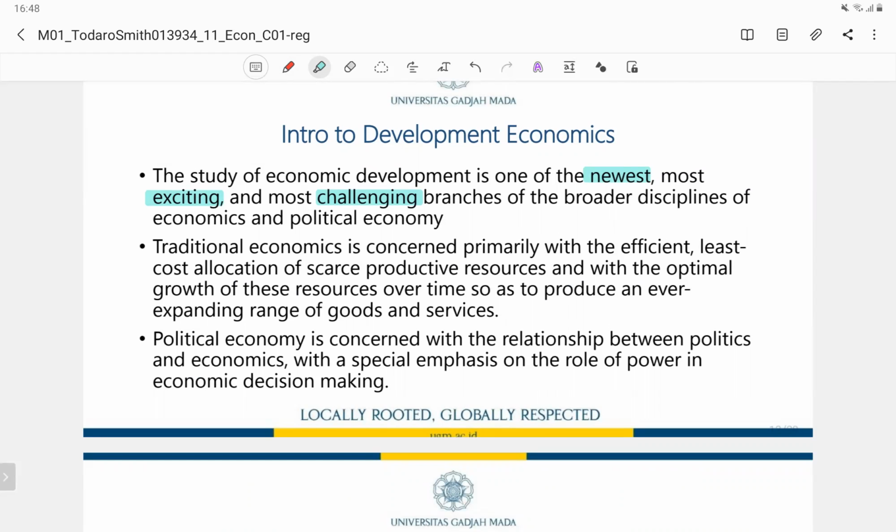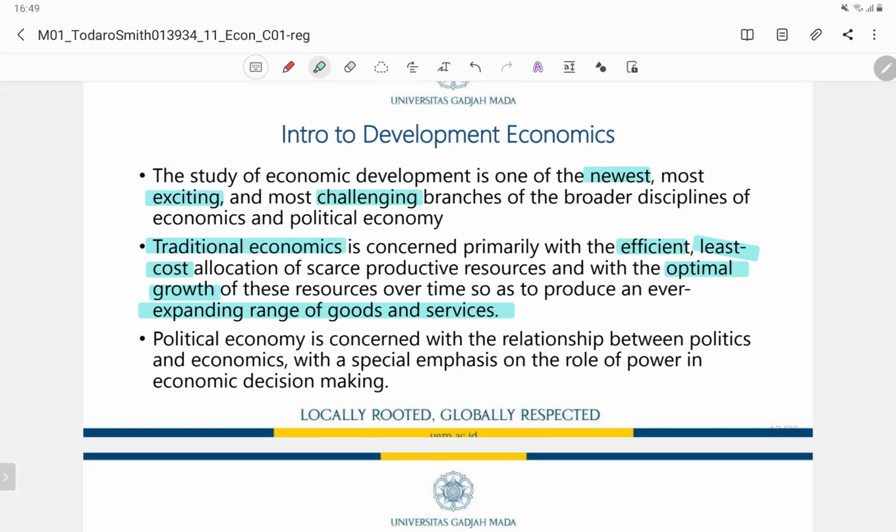And then traditional economics is concerned primarily with efficiency, the least cost allocation of scarce productive resources, with the optimal growth of these resources over time so as to produce an ever expanding range of goods and services. So the keywords here are least cost and optimal growth.